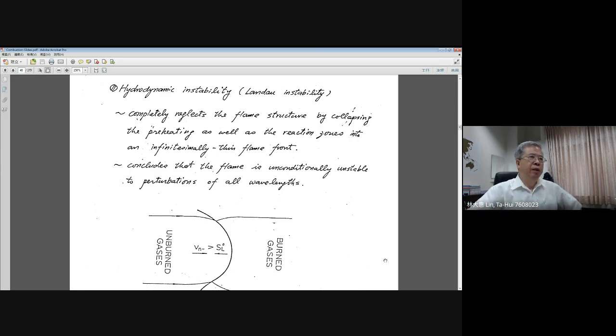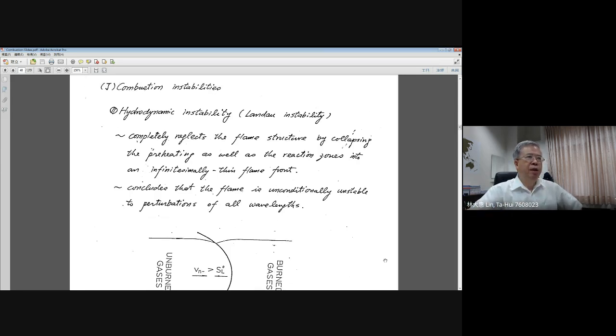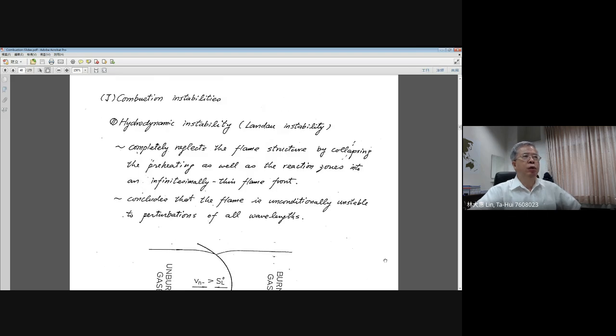Now let me introduce the hydrodynamic instability first, before we go to the detailed discussion about combustion instability. Landau described the hydrodynamic instability.